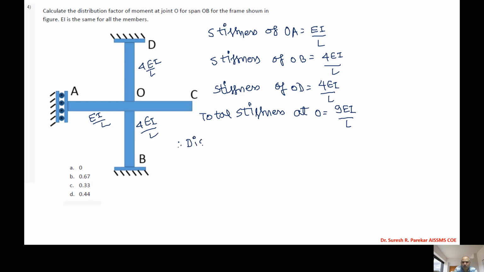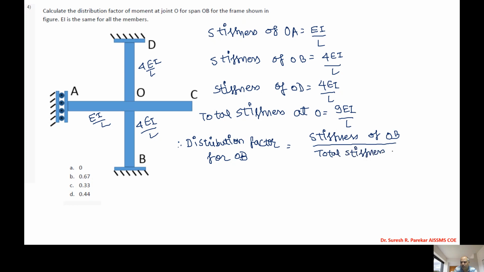Therefore the distribution factor for OB is equal to stiffness of OB divided by total stiffness at O. Now for OB we have 4 EI by L, and in total we have 9 EI by L, and from this we will get 4 by 9, and that is equal to 0.44. So the answer is 0.44, option D.